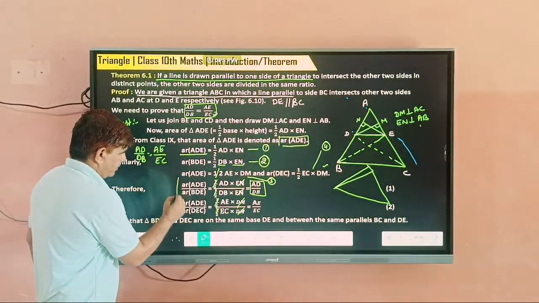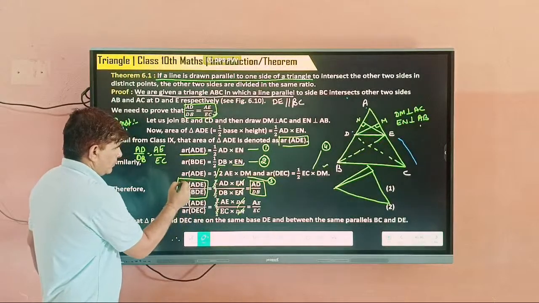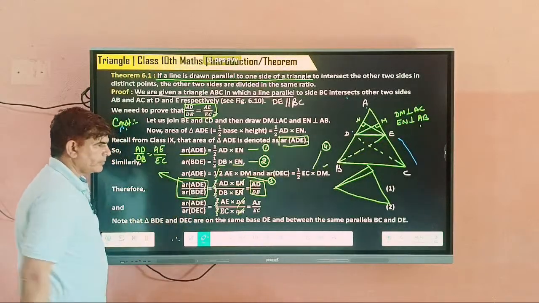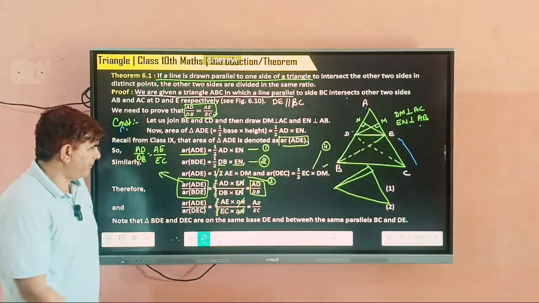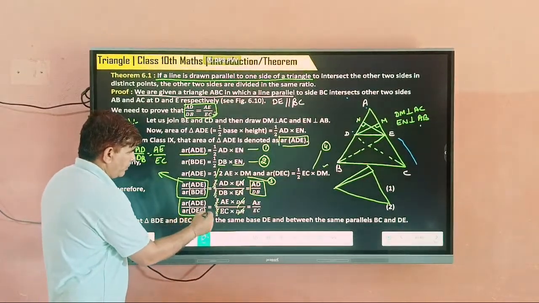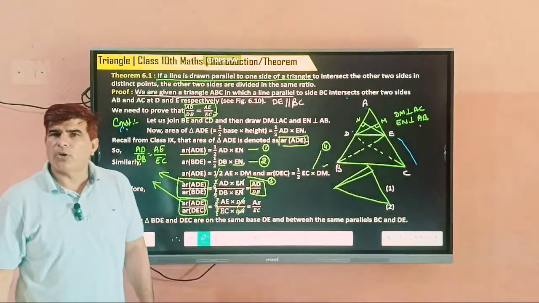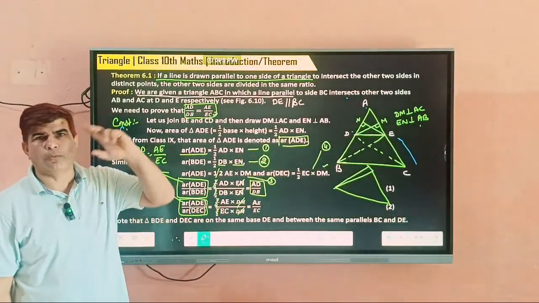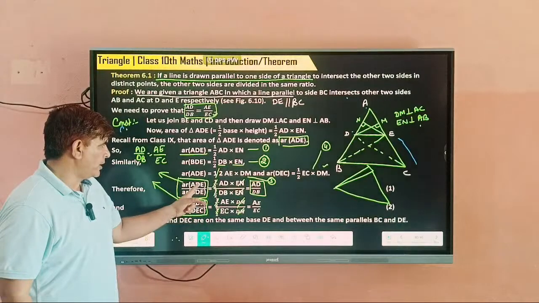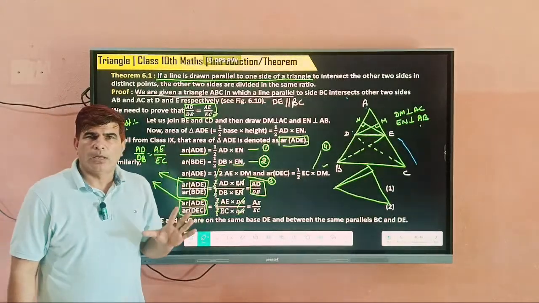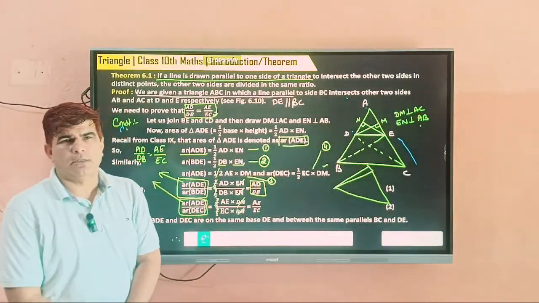Look here. What's the numerator here? Area of triangle ADE. And here, what's the numerator? Area of triangle ADE. It means the numerator of both is the same. Then what's left? The denominator.